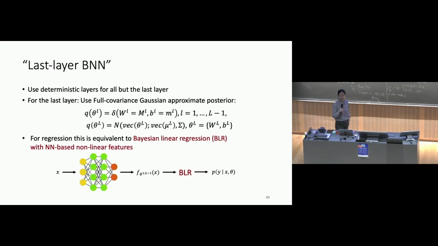There is an interesting connection of this idea to Bayesian linear regression. You can think of this network as doing Bayesian linear regression, but the input to the linear regression part is not your original input x. It's the feature of x extracted by the neural network layers from the first layer to the second last layer. You pass these features into Bayesian linear regression, and this gives you the result.